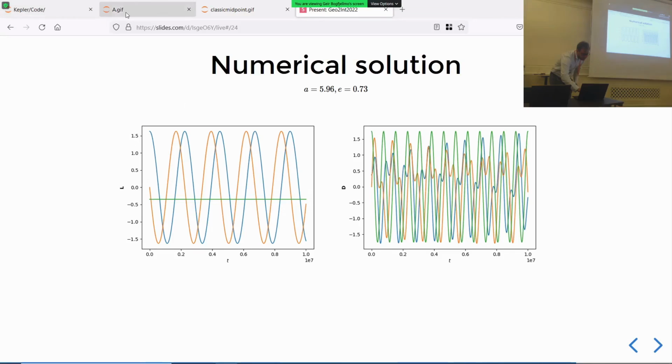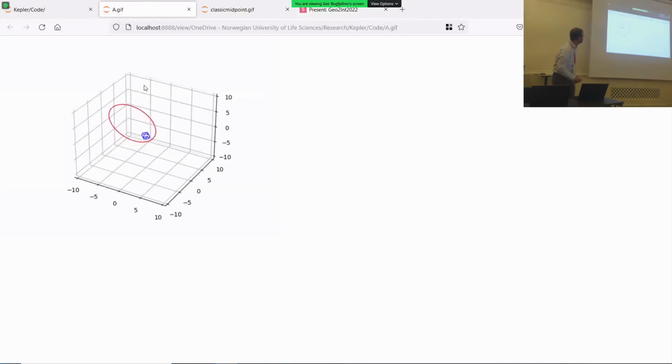Again, I'm not so good at graphics, but this is trying to illustrate what's going on. Remember, we kind of lose the information about where we are on the orbit, so rather we look at how the orbit evolves.